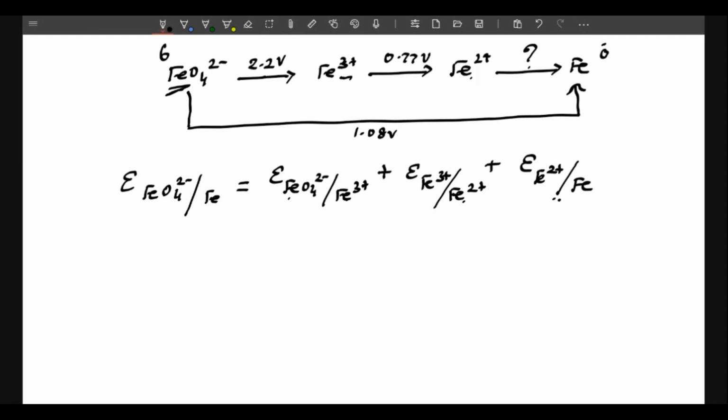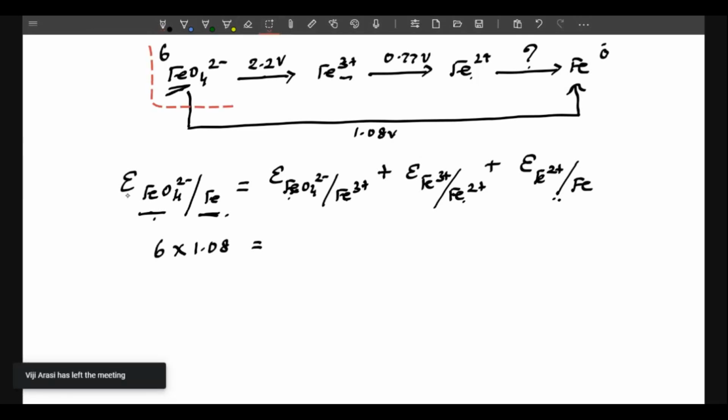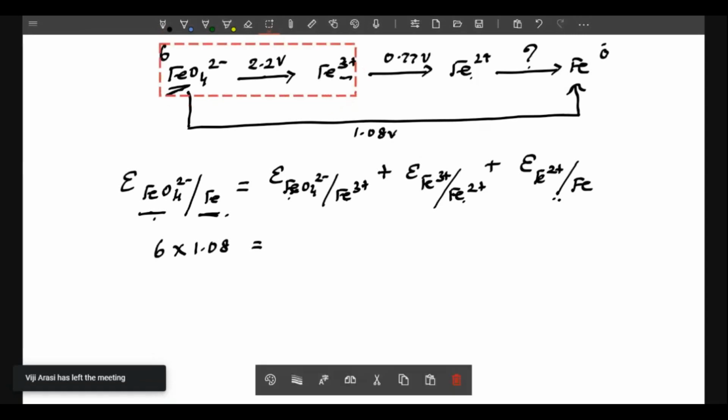Now, for which electrode potential are you asked to calculate? This one; for the others, the values are known. For the overall, it is having. Now, what is the oxidation number changing between this and this? 6 into the reduction potential value 1.08 is equal to, next, FeO4 2 minus to Fe3 plus, that is nothing but they are asking this one. What is the change in the oxidation number?